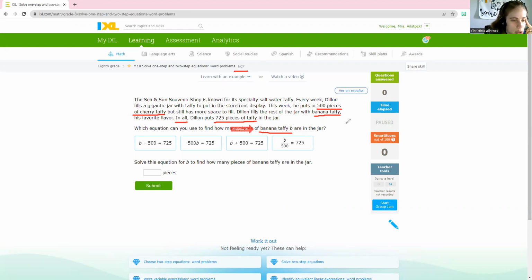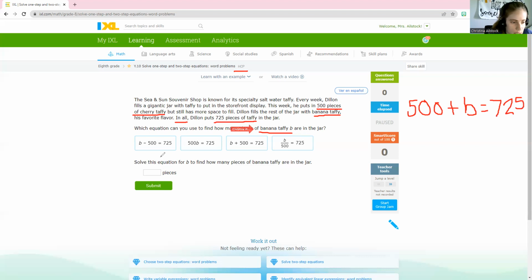So if I look at my underlined information, he put 500 pieces of cherry taffy in there and he put some banana taffy, but we don't know how many. So that would be our variable B. So there's 500 cherry pieces plus some number of banana pieces, and that equals in all 725 pieces.